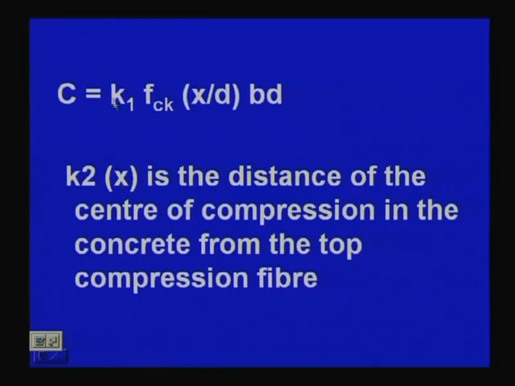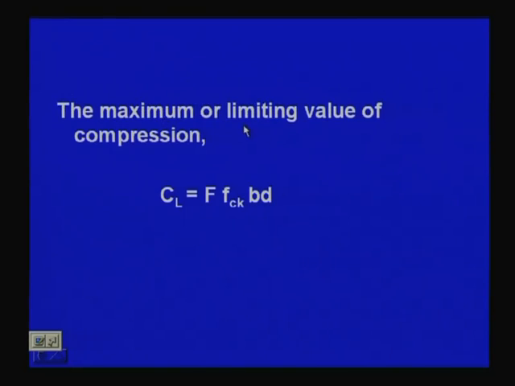So, one parameter is K1, the other parameter is K2, and the third one is the maximum or limiting value of compression, F times FCK BD.